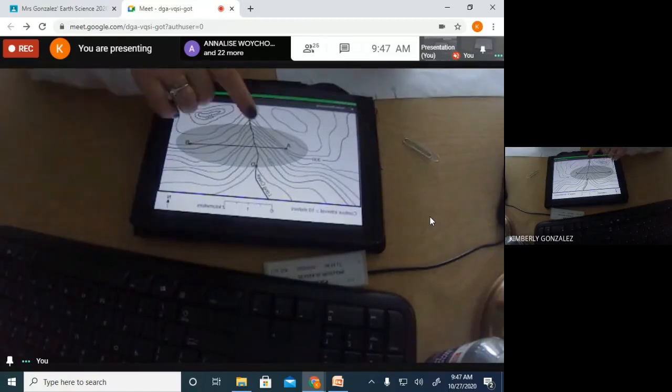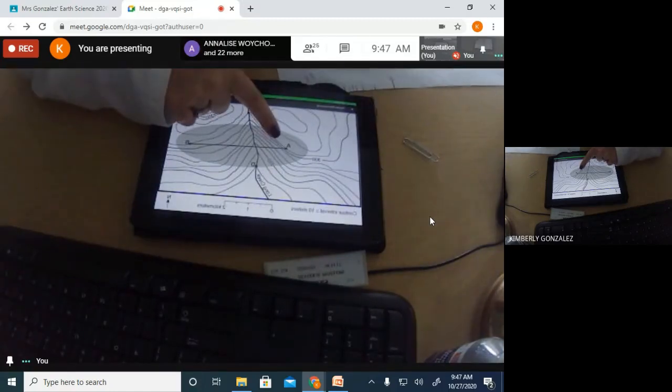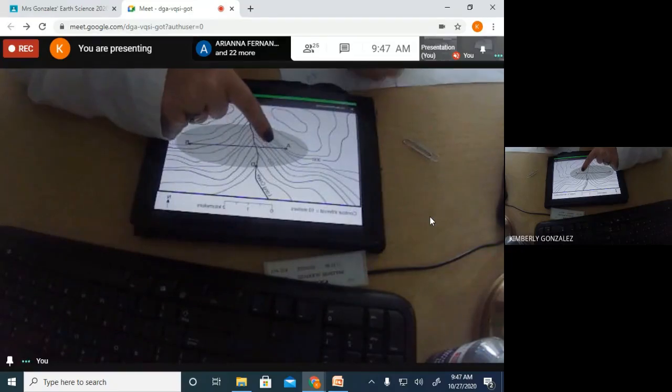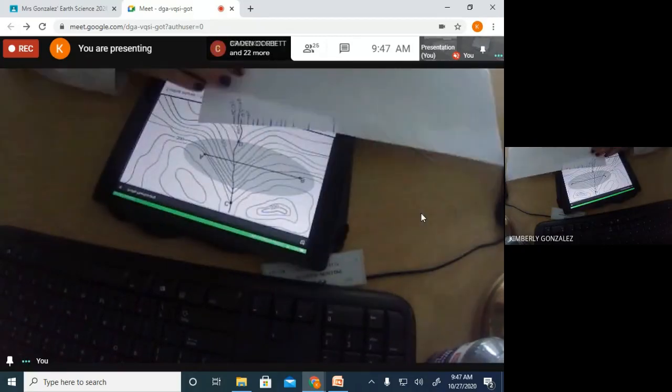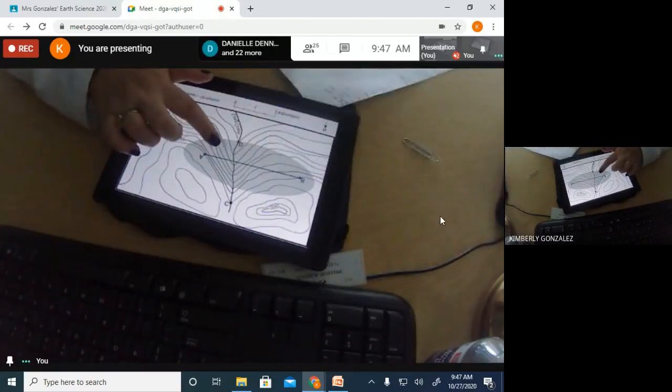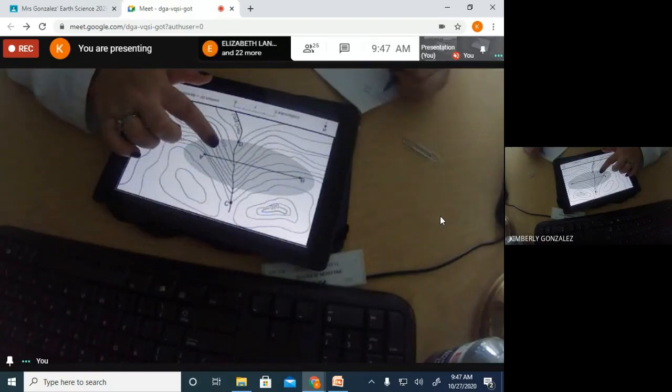All right, so it's 290, 310, 300, 290. Sorry, I'm doing this upside down, guys. Right. You write their elevation on each one of the lines.